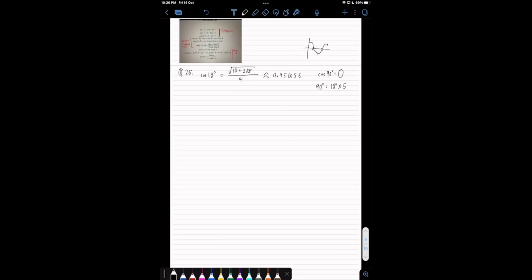So that means that if we start off with cosine 5x and somehow rewrite it in terms of cosine x, we could solve for cosine x, right? We substitute x with 18 degrees, and then cosine 5x will be cosine 90 degrees, which will just be 0.